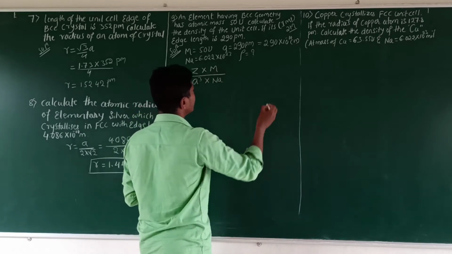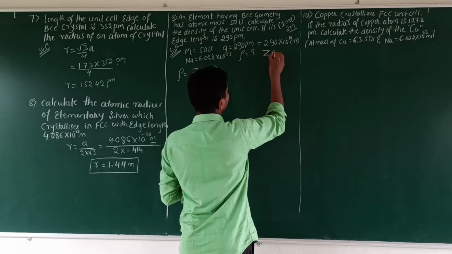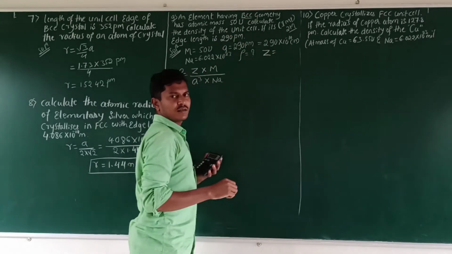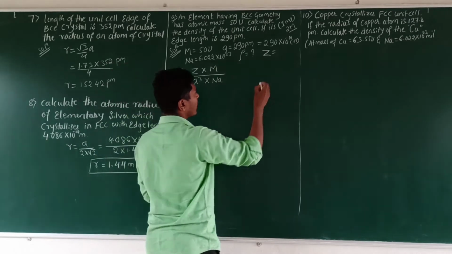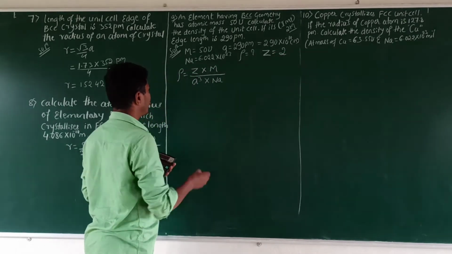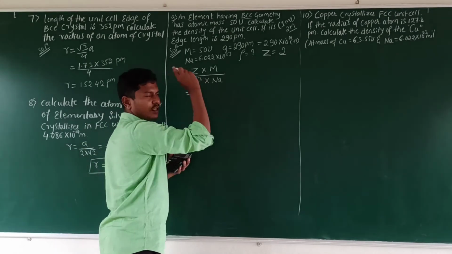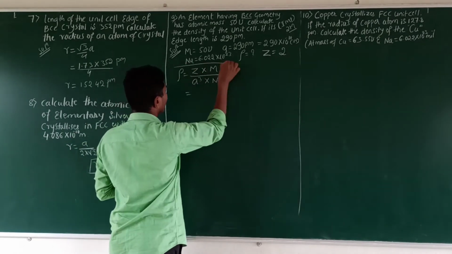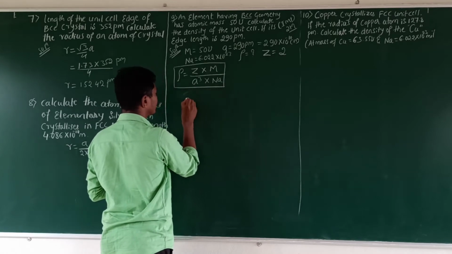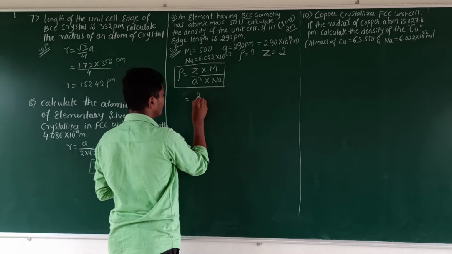Here Z is what? It is a BCC unit cell. That's why number of atoms is equal to 2. Okay, fill the values in this formula. Z is equal to 2.